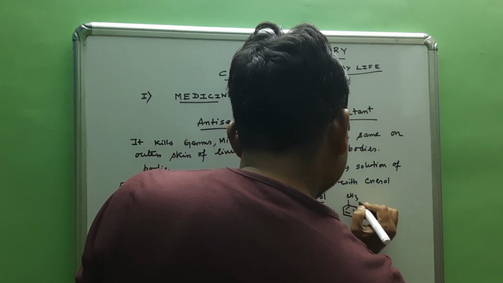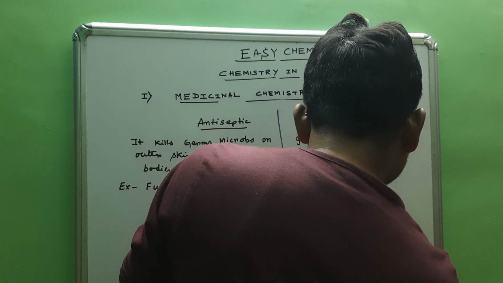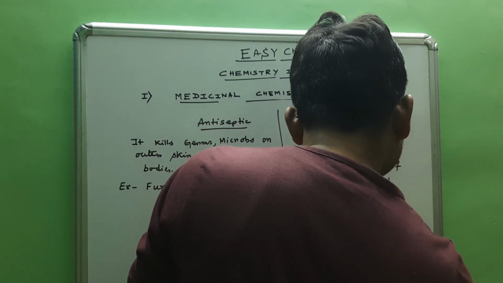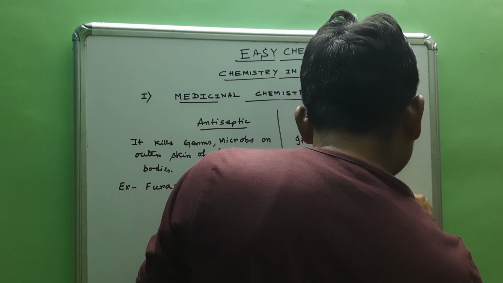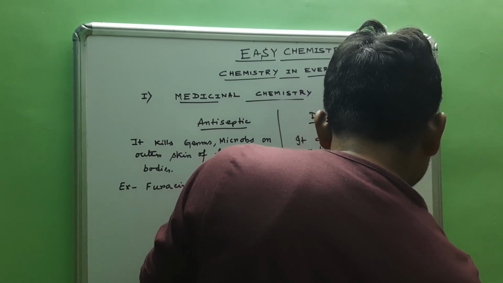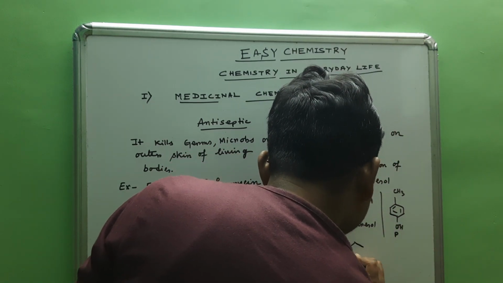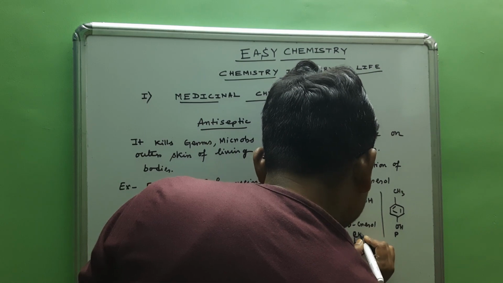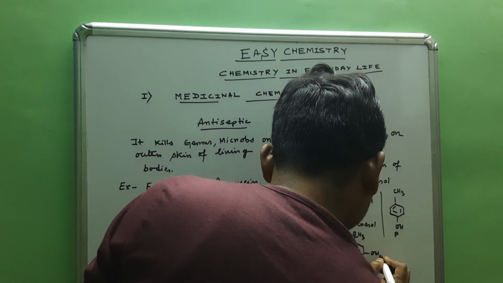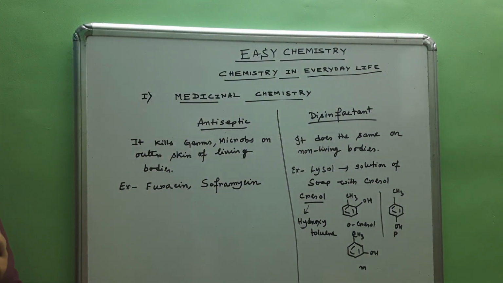Now CH3, this is orthocresol. Similarly, meta and para. This is paracresol, and another is metacresol. So there are three isomers of hydroxytoluene.